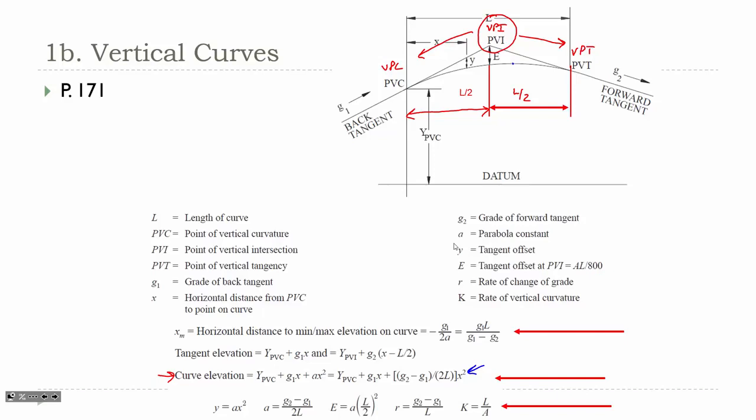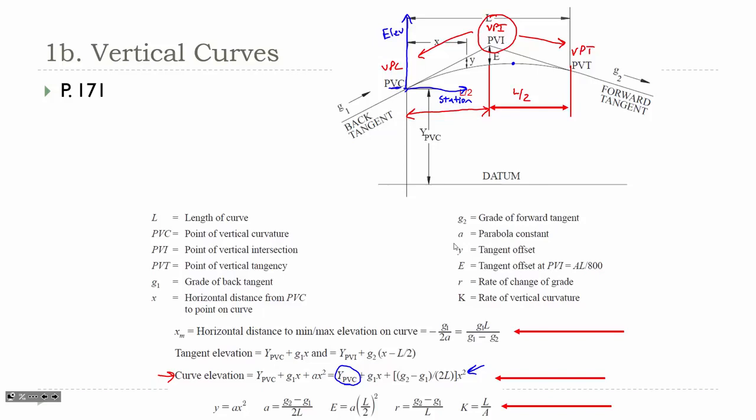So if you're asked what is the elevation here, imagine this is a set of XY axes where your Y is your elevation and the X is the station or the distance along the curve. This first term, the Y PVC, is basically the elevation of this PVC point here.